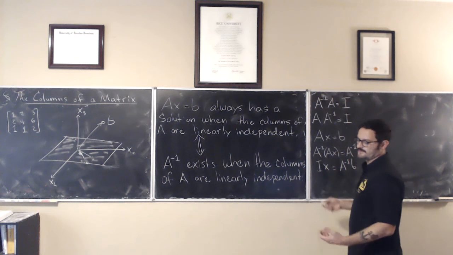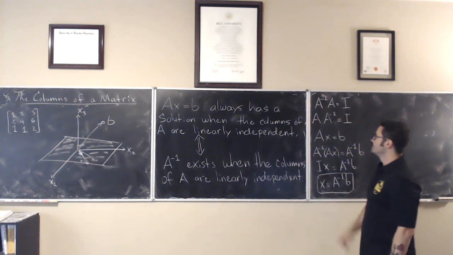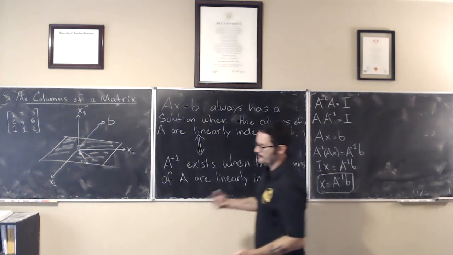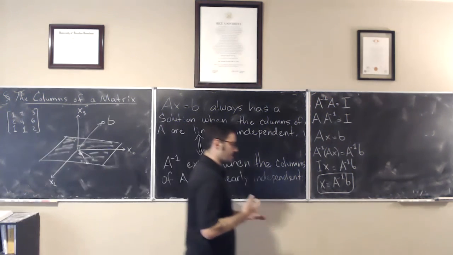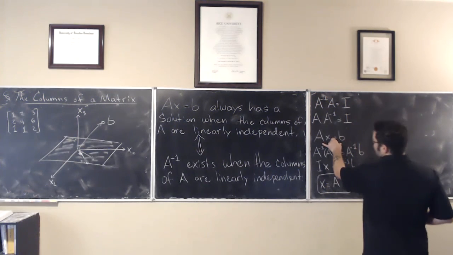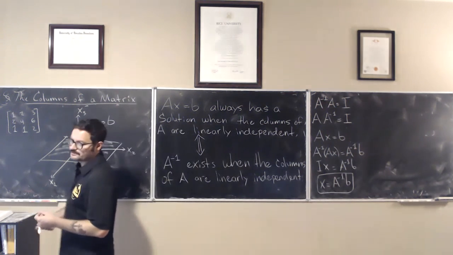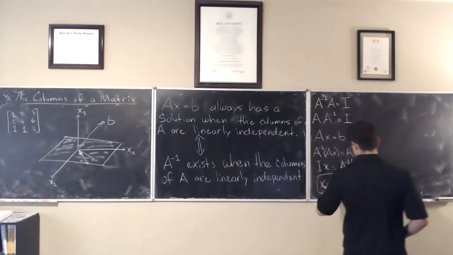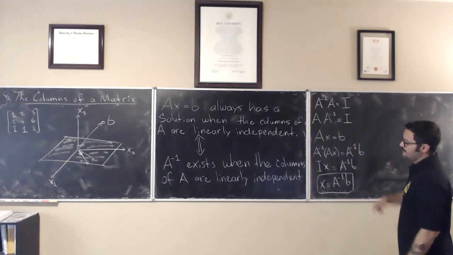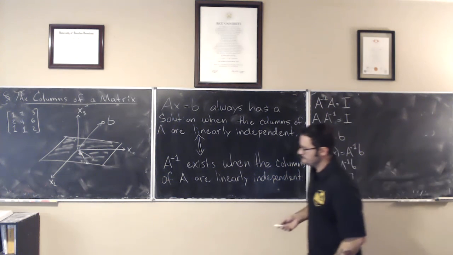And identity times X is just X. So when the columns are linearly independent, we can find the inverse by multiplying the equation by these matrices like we did last time. This is equivalent to what you might have seen before as row operations, because we're modifying the rows, we're also modifying the other vector. Once we find the inverse, we find the solution. Okay.